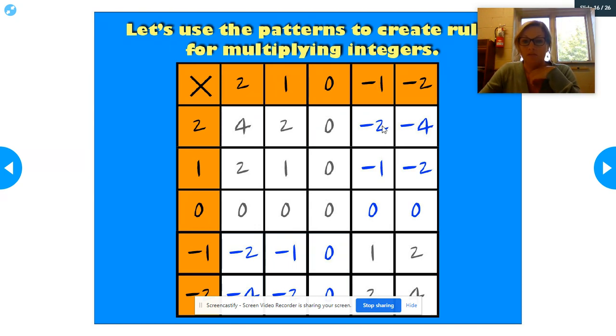It's negative. Then if you have 2, like here's 1, see how the gray, because it's 2, and 2 is an even number. So if you have an even number of negative numbers, your answer is going to be positive. If you have an odd number of negative numbers, your answer is going to be negative.